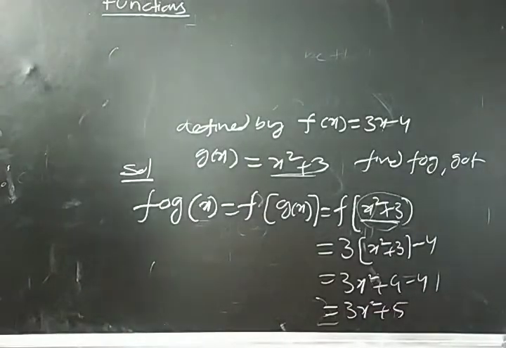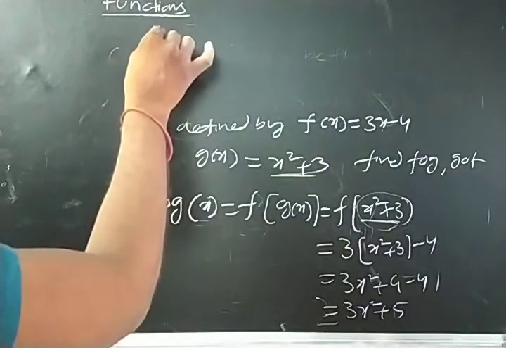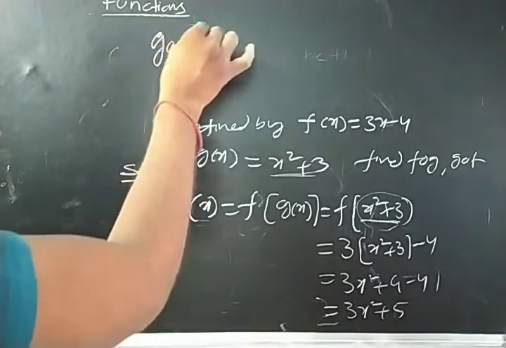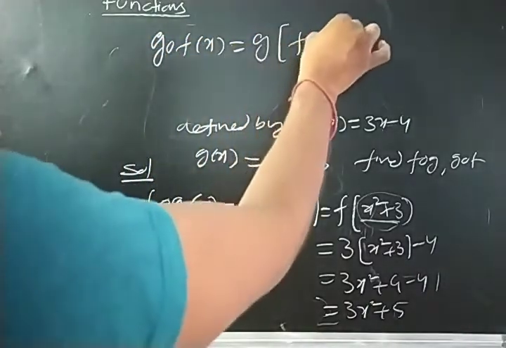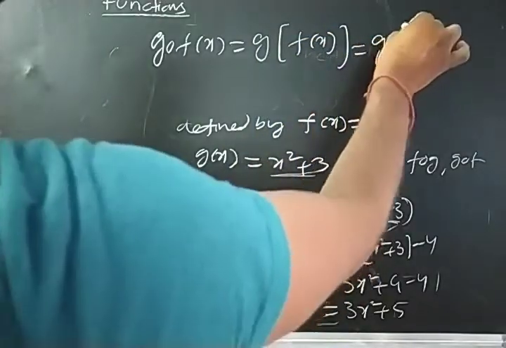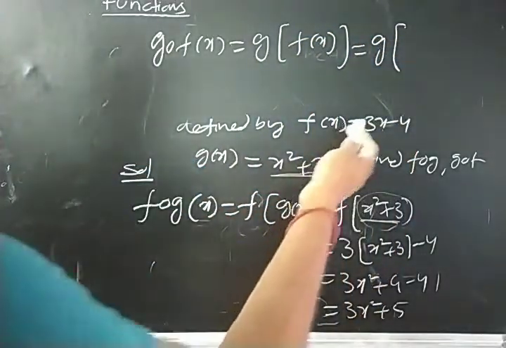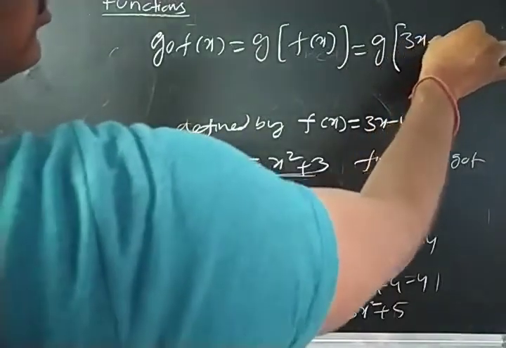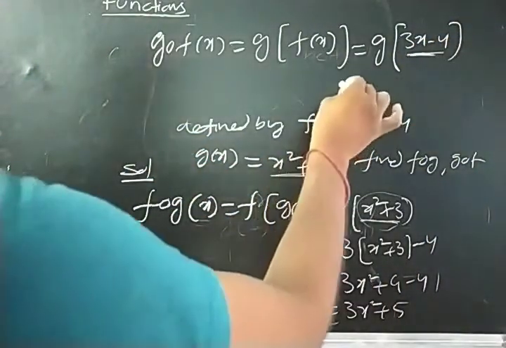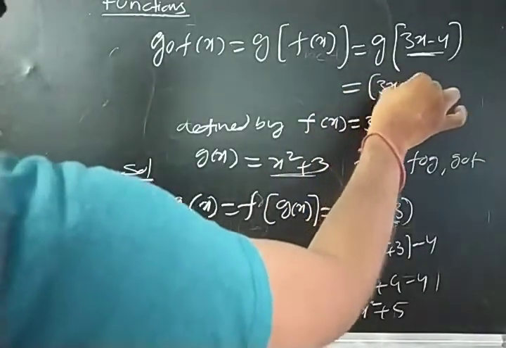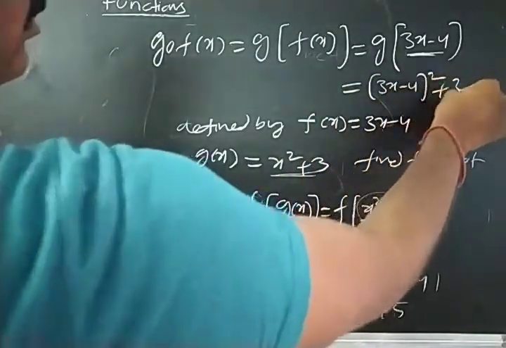3x square plus 5. Similarly, I am going to find the definition of g circle f of x. So g of f of x. What is the definition of f? 3x minus 4. Now again treat this as x and substitute in the g definition in place of x. So 3x minus 4 whole square plus 3.